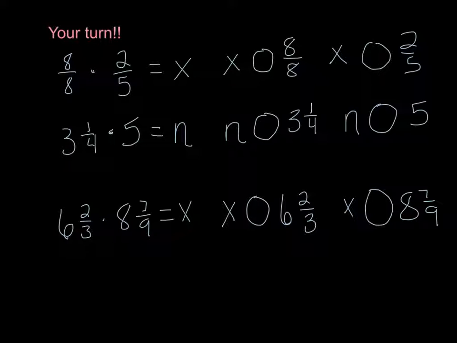Okay, let's go ahead and check your work. So in the top equation, x is going to be less than 8/8, but it's going to be equal to 2/5. Here, it's going to be greater than both factors, because both factors are greater than 1. And that is the same situation as we find down at the bottom.